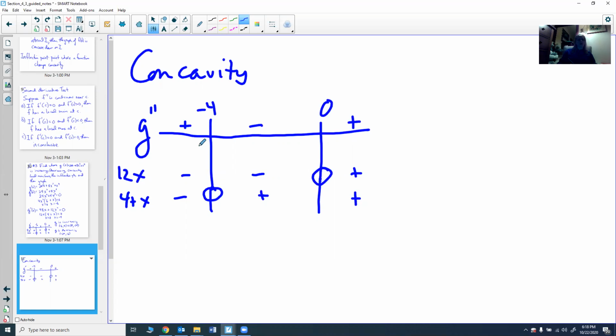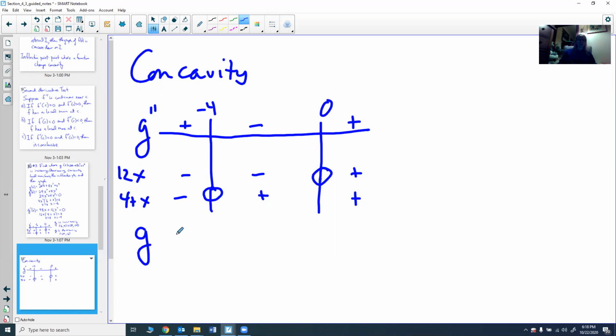So we want to know concavity. So we want to know what's happening here. One of the things we notice is that my second derivative is positive from -infinity to -4, and again from 0 to infinity. So that would be where we're concave up.